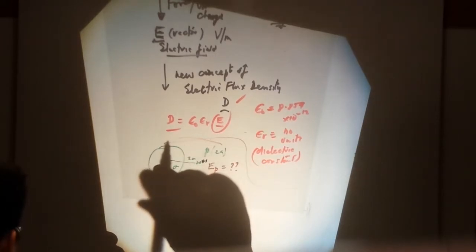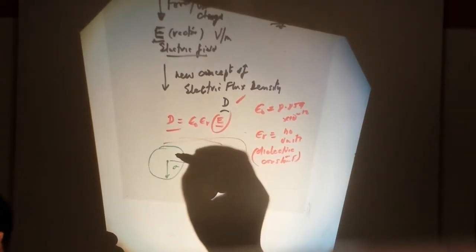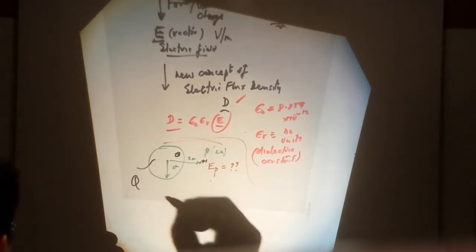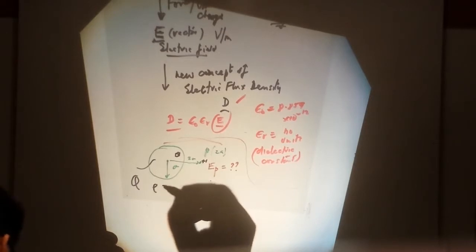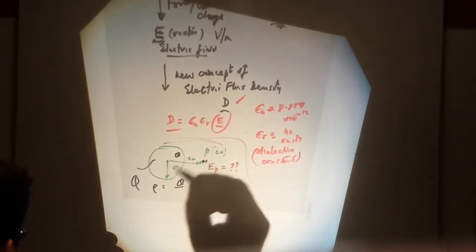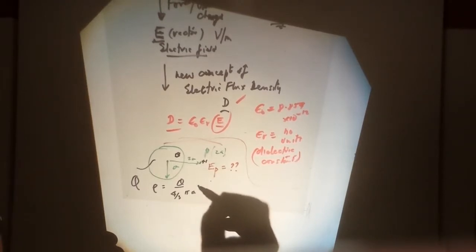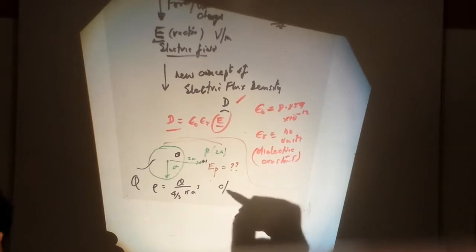This is not a point charge, so I have to chop it into small volumes. The whole charge is Q. So the density rho is given by Q over 4/3 pi A cubed, coulomb per meter cubed. This is just a substitution.